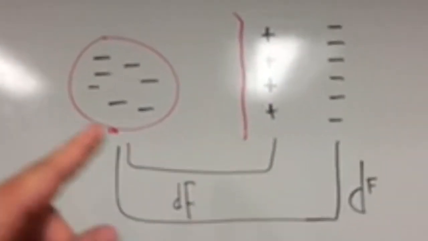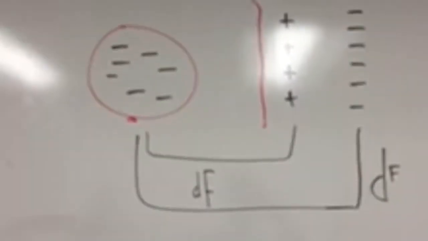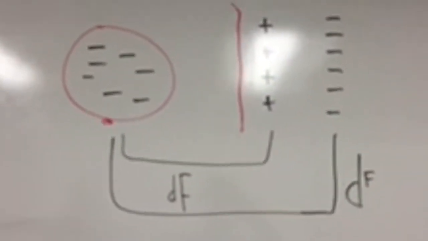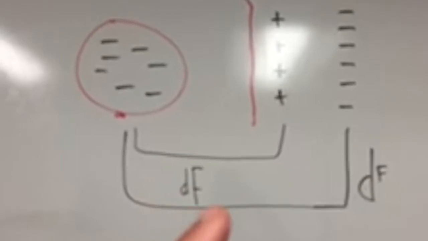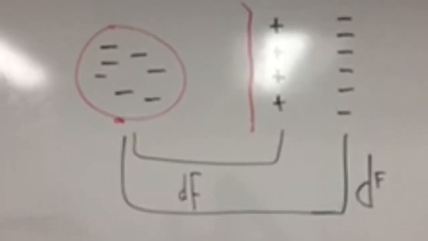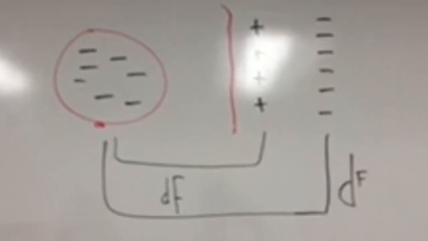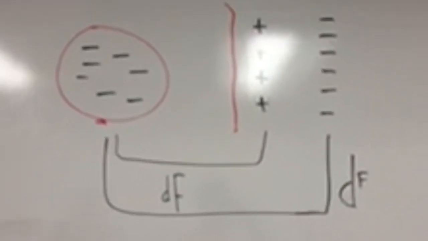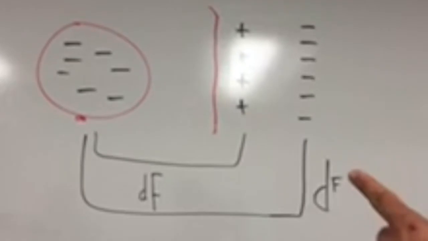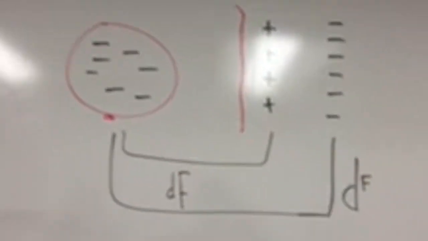And the force between the positive charges and negative charges is going to be greater because the distance is small. You see that small d? And then the force between the negative charges and the other negative charges on the wall is going to be less because there's a big D. And this is all explained by Coulomb's law.